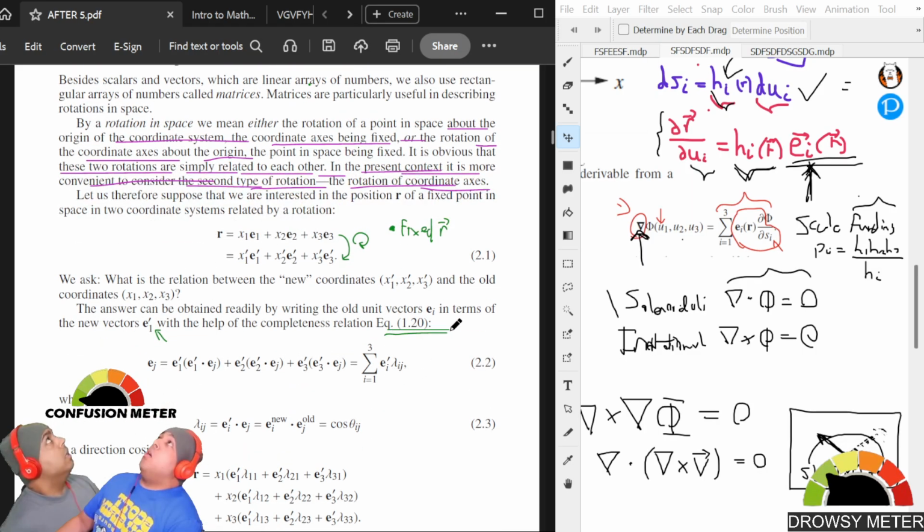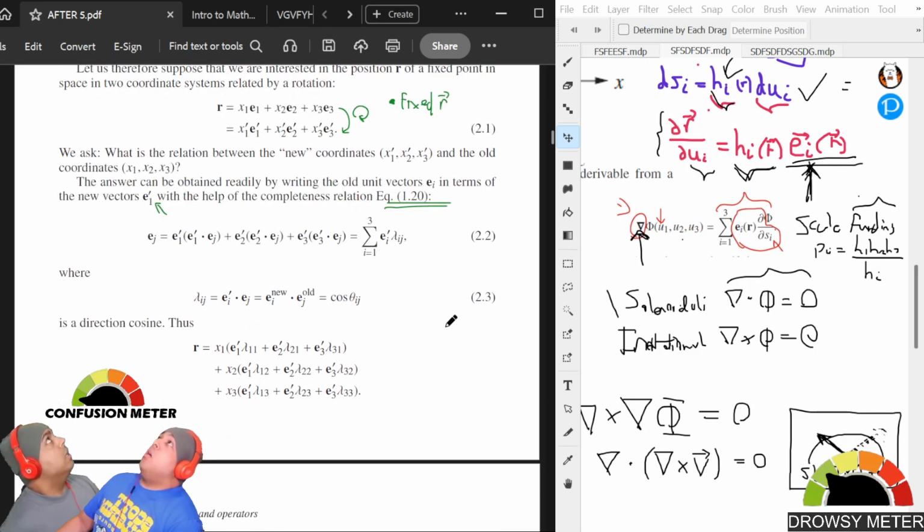So dot products are kind of like projections, right?